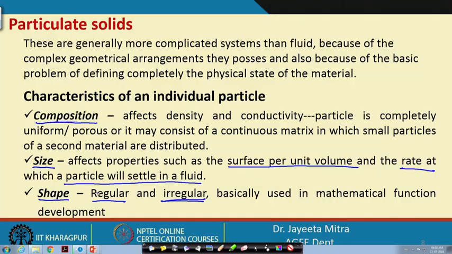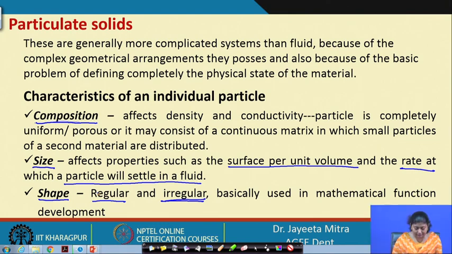So, we need to relate how close the irregular particles are to a regular shaped particle. Therefore, the shape of the particle is also very important, and once we know all these three, it is easy to identify the particle behavior.